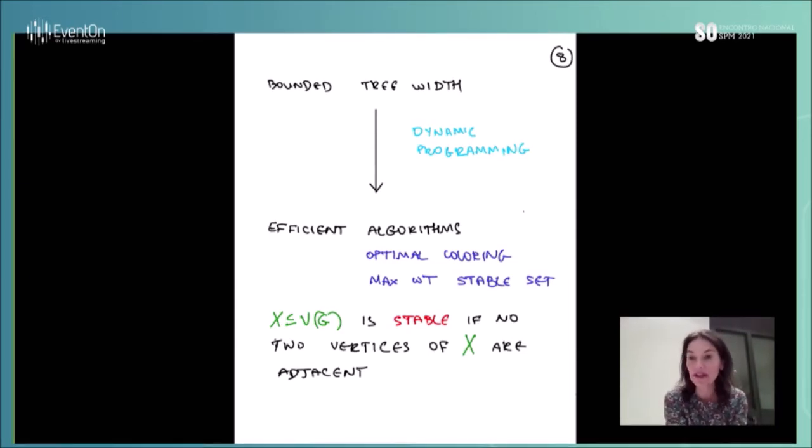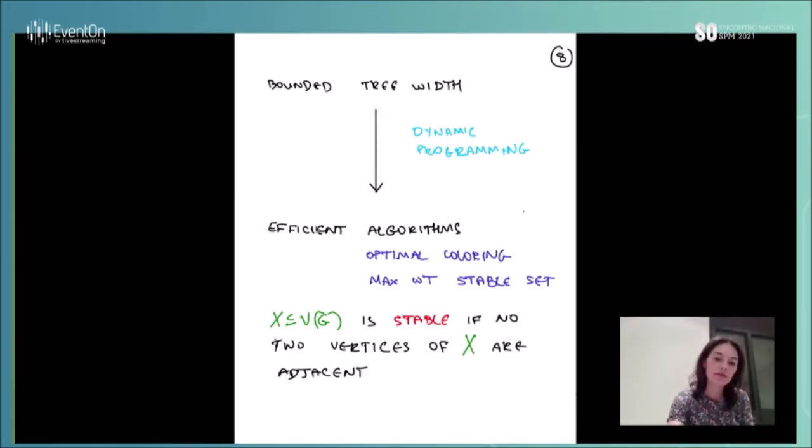That's also an interesting notion that I don't think has been studied a lot, but I'm thinking about this a lot, and I'd like to popularize it. But also, if you have bounded tree width, so bounded tree width means all bags have bounded size, then you can use a technique called dynamic programming to design efficient algorithms for all kinds of problems that are NP-complete in general, such as optimal coloring, maximum weight stable sets, and many others.